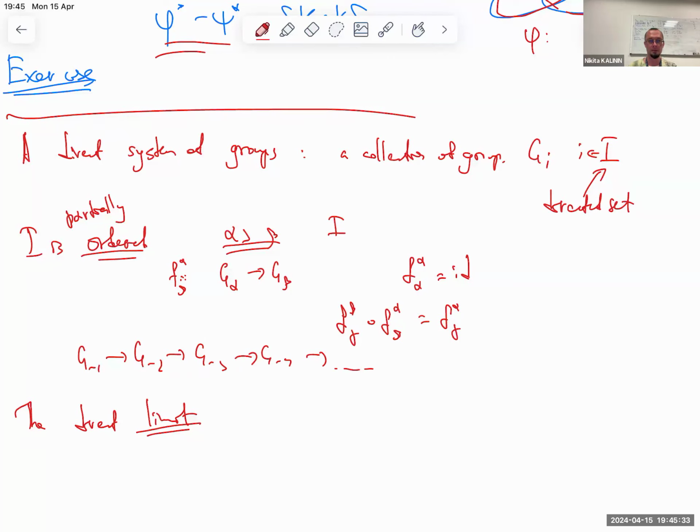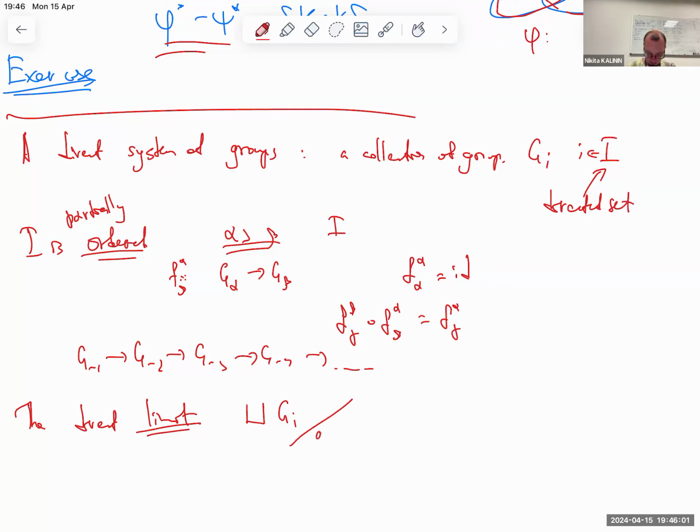So you just take the product of all these things. Okay, not the product. You take the disjoint union of all G_i, and then you define the thing as follows. You just say two elements are equal if they are equal after some restrictions.